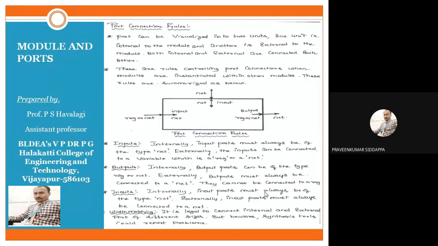So internal in-out or external in-out port must be declared by using net data type. Next, these are the three port connection rules. I explained those three port connection rules, and I have mentioned them in your slide also, you can check it. So the last one is width matching.